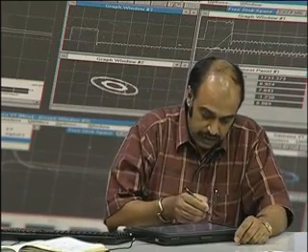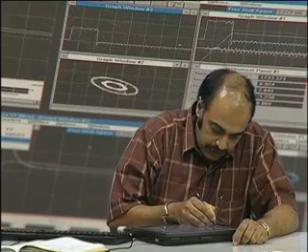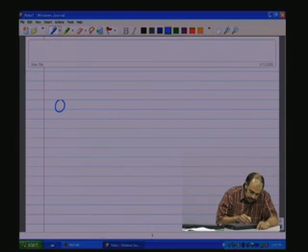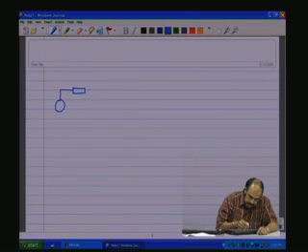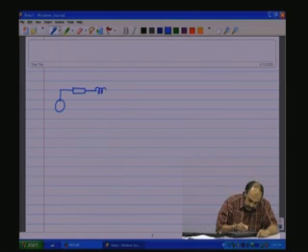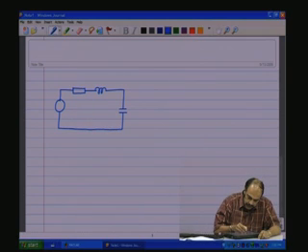So, now starting with the circuit, let me take a circuit which is of the following nature. Let us say we have a resistance, an L, then a capacitance. This is one part of the circuit, all in series, this is one loop.